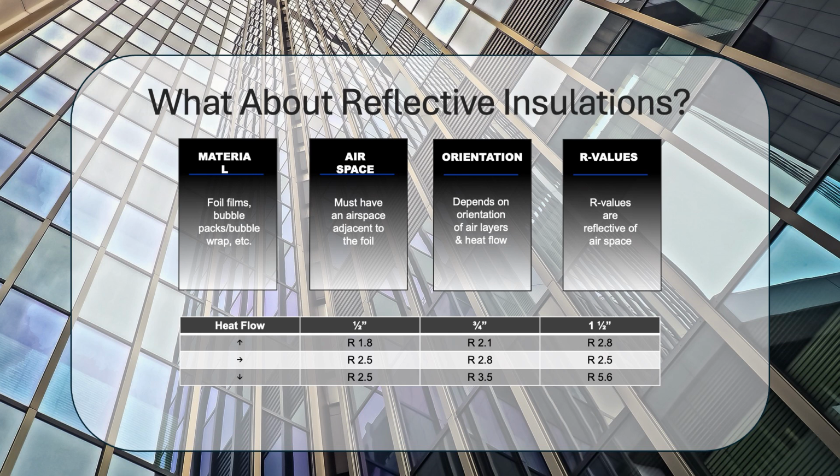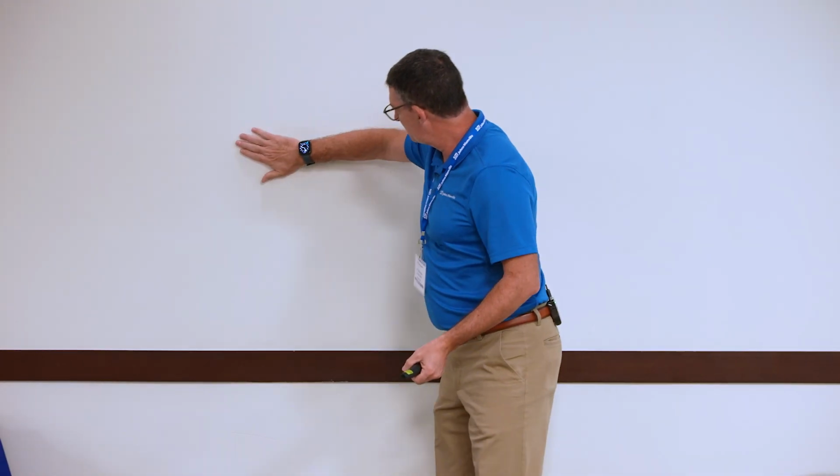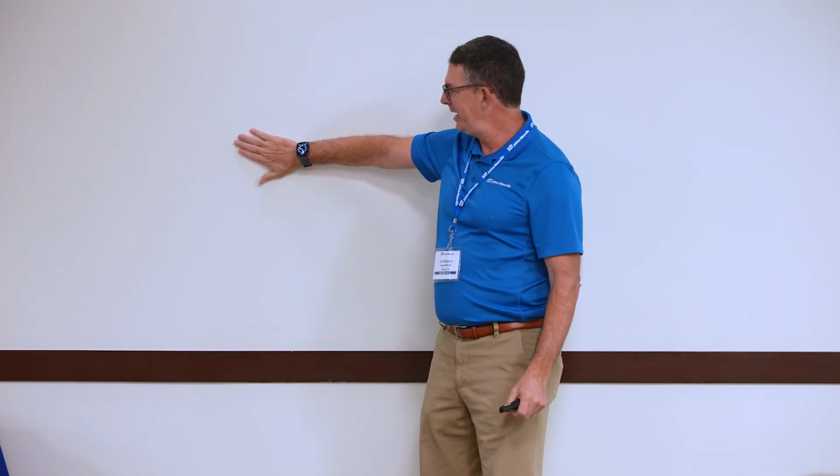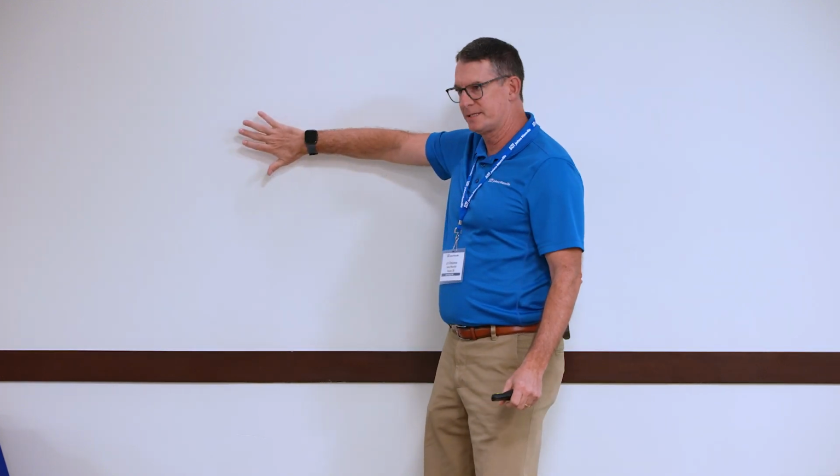There has to be an airspace next to that shiny surface. If I just take a piece of foil and I just put it flat here against the wall, it's not doing anything anymore, right? Whatever I'm trying to insulate, it's got to be separated from that to do anything at all.